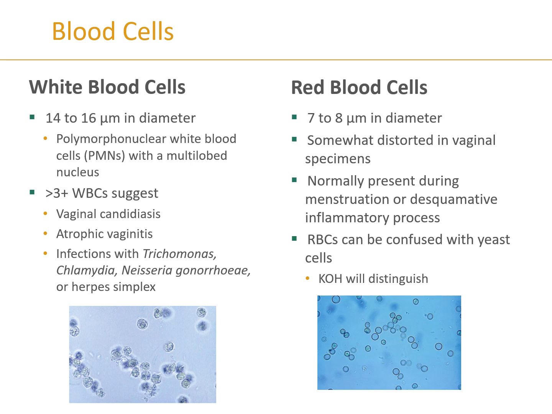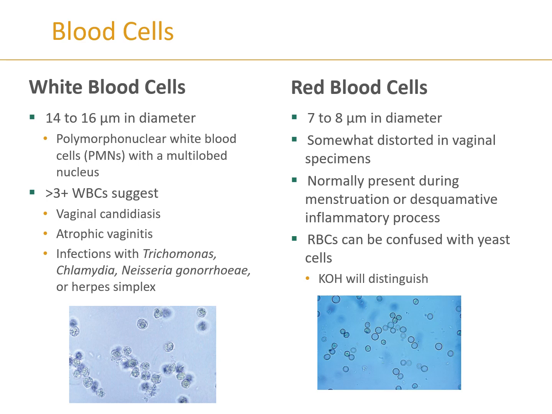So we can also have white blood cells. It's predominantly going to be your polymorphonuclear white blood cells, your neutrophils, that you will see present in your actual vaginal secretions.